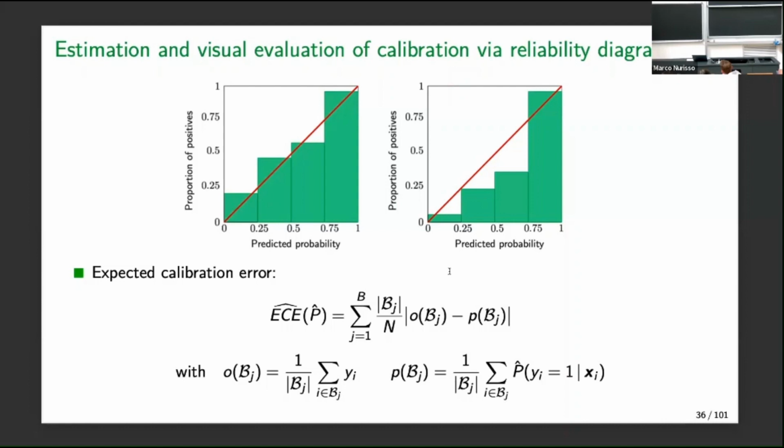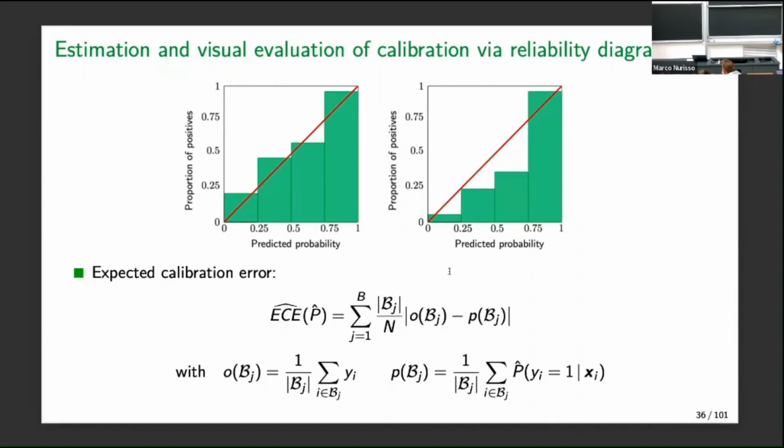And to put that in a formula, you can compute the expected calibration error, where you take the average over all the bins you observe. And in the bins, you look at the difference between observed and predicted probability for the positive class. So observed, what is that? This is of all your instances in your data set, how many times you see the label 1.